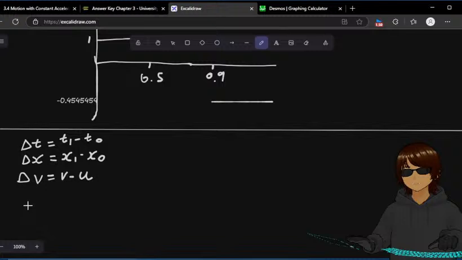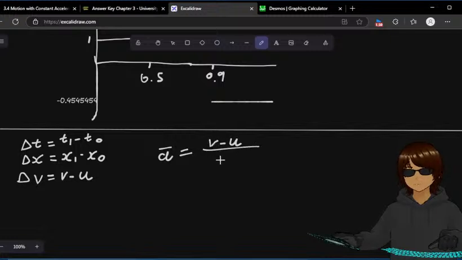And then acceleration is constant. So the average acceleration is equal to change in velocity over change in time.